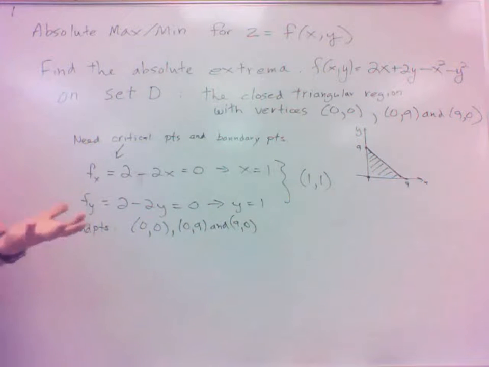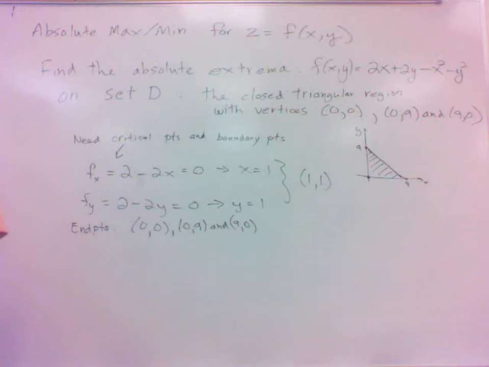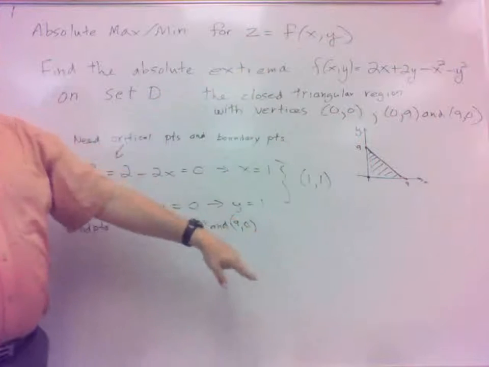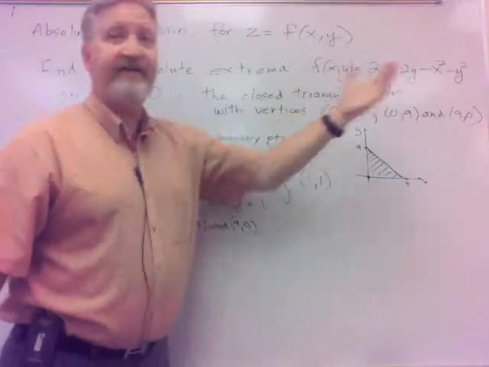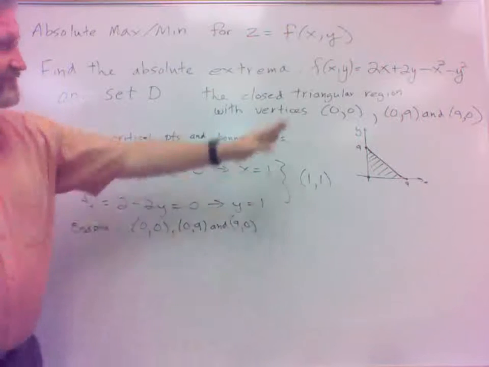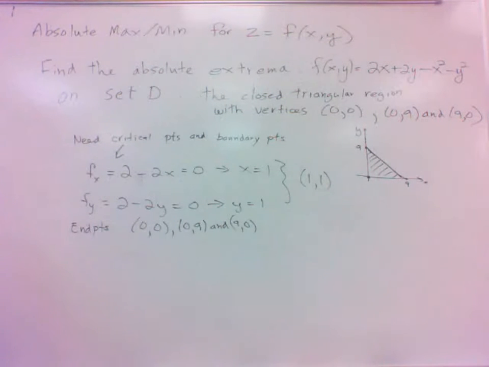We're checking for the maximum and minimum values, so what we're going to do is plug these values in. (1, 1), we're going to plug it in, just see what value it gives us. And those others, we're just going to plug those in and see what values those give us.